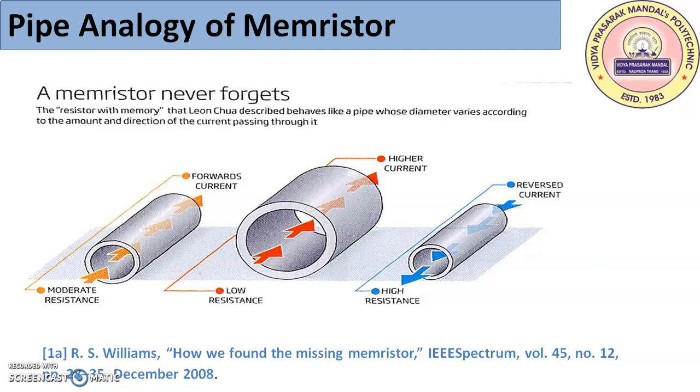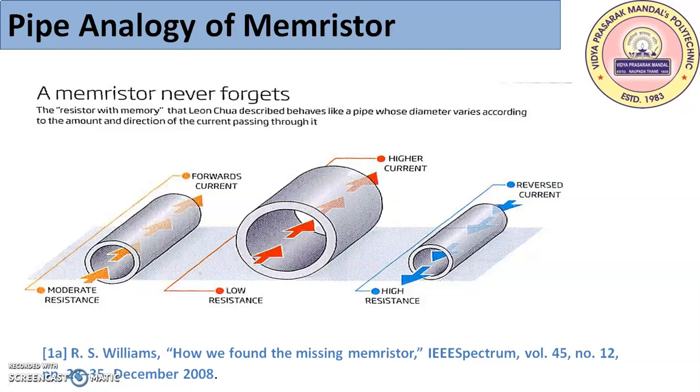The diameter changes with the amount and direction of water that flows through it. As shown here, when water flows in one direction, the pipe expands as per the inlet flow. But if we try to send water in the opposite direction, then the pipe shrinks.